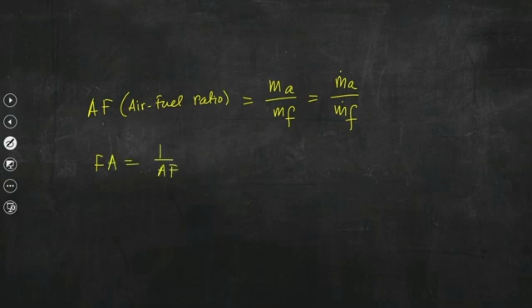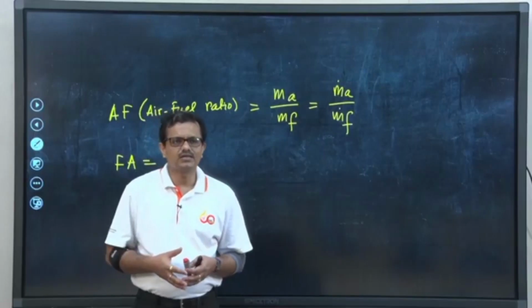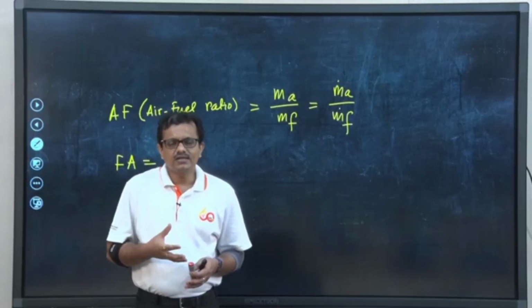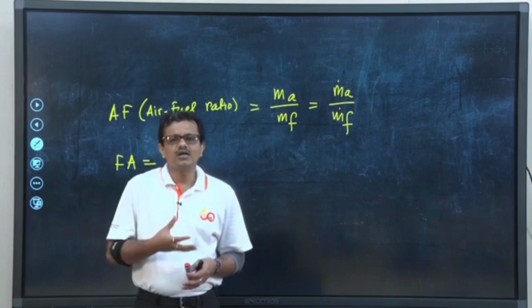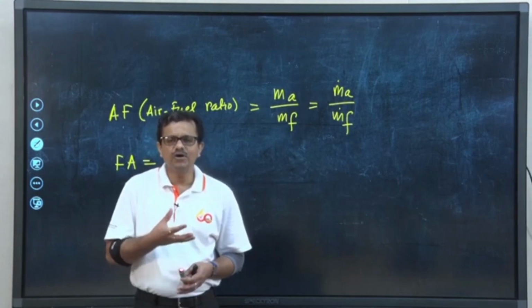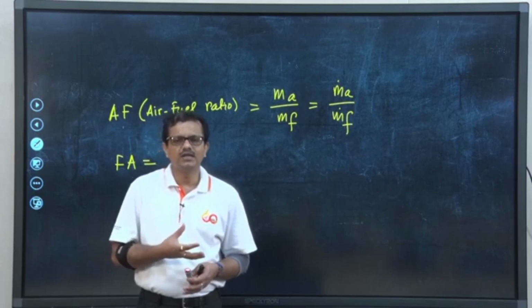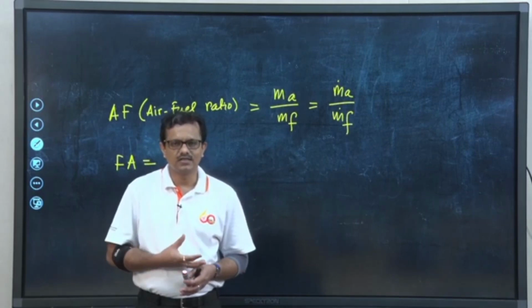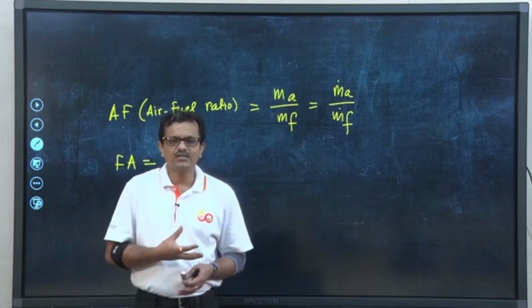Now, why am I discussing all these parameters? Because, as I told you, we can get work output from an engine, and that amount of work is obtained at the cost of some input energy. What is that input energy?